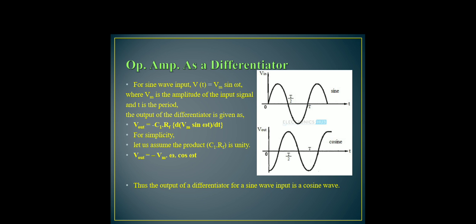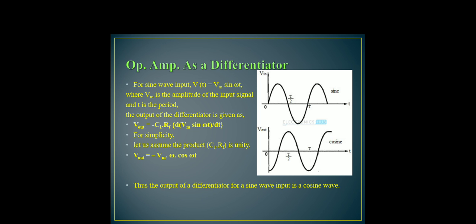Again, for a sine wave as an input to the differentiator, we know the equation of the sine wave is V(t) = Vm sin ωt. Let's take Vout = −C1 Rf d(Vm sin ωt)/dt.